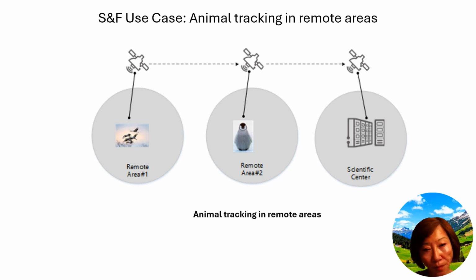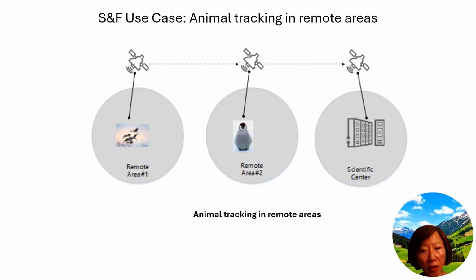We have the scientific center shown here with an image of server racks or data centers. This represents the research facility where data is collected and analyzed. There are 3 satellite icons at the top of the image. These satellites form the communication link between the remote areas and the scientific center.